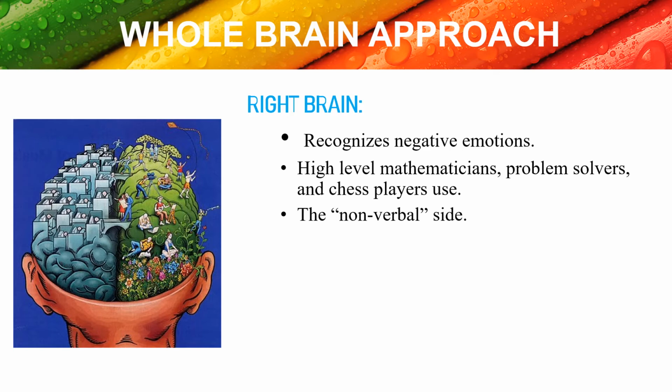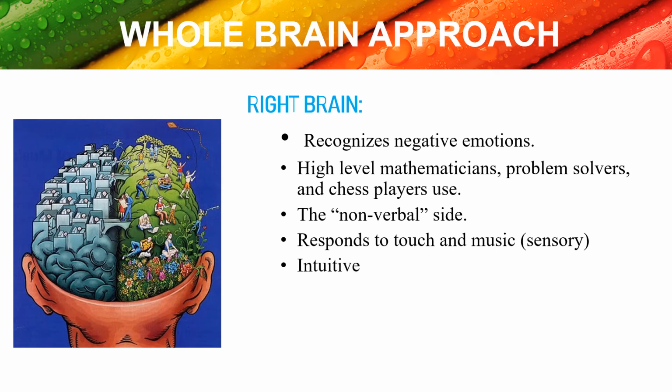Similarly, the right side brain is the non-verbal side, where it recognizes things other than language comprehension. It also responds to touch and music and the sensory activities related to touch and listening or hearing.